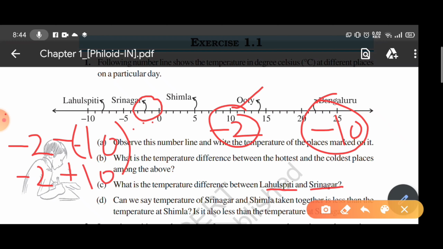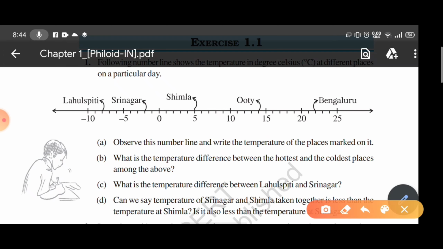Whenever these kinds of conditions appear, I'll be providing you some solutions. When you have plus and plus, you are required to add both the values and the sign will be plus. But when you have two signs, plus and minus, you have to subtract the values and your sign will be of the greatest value.